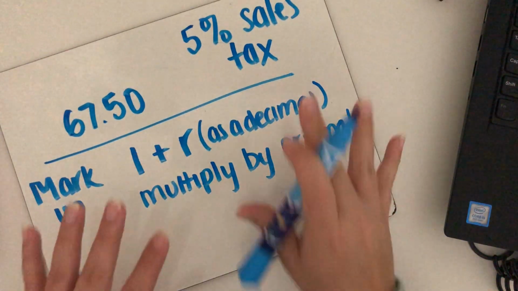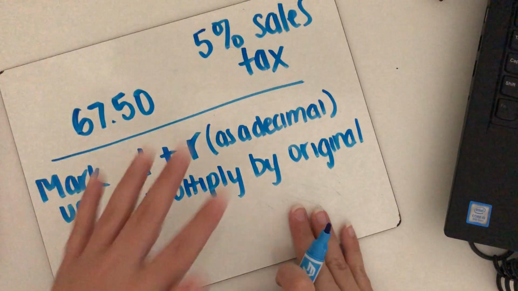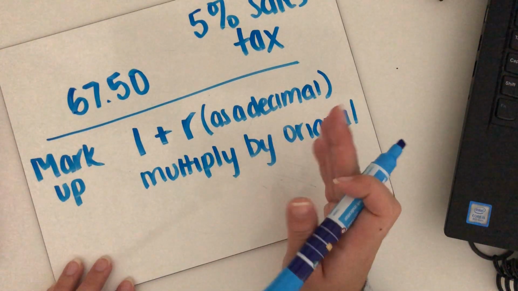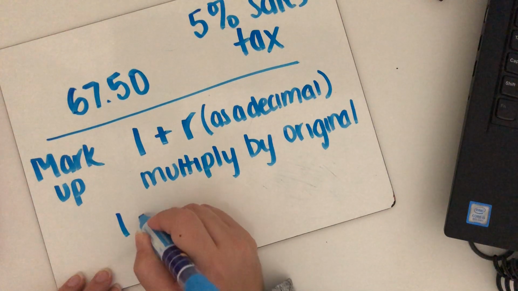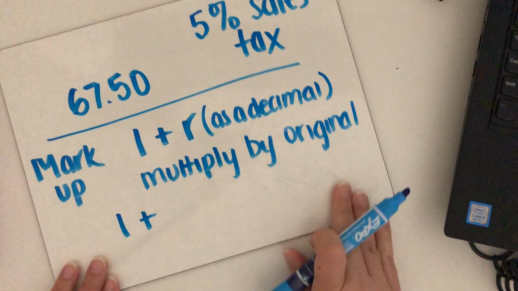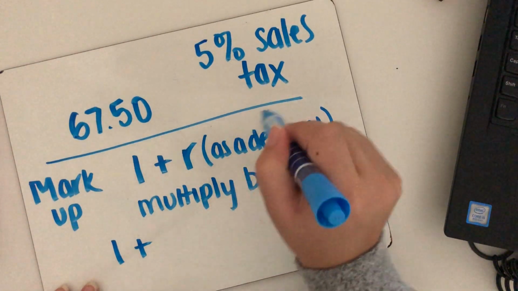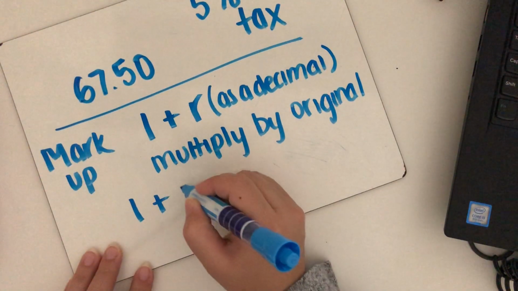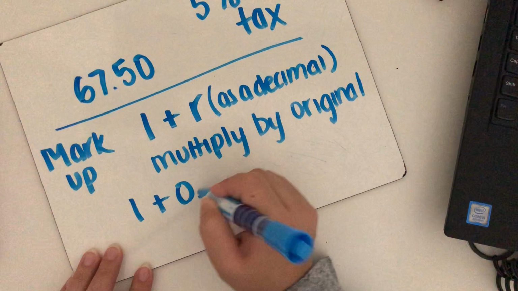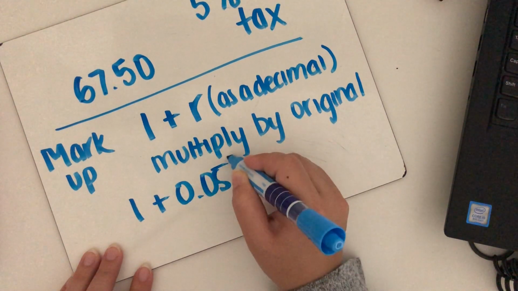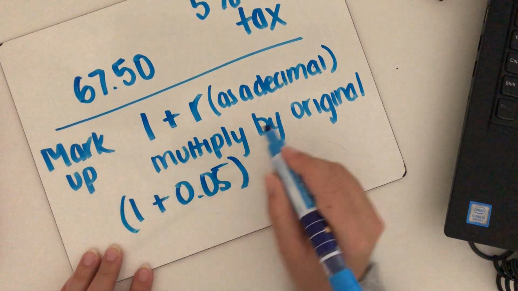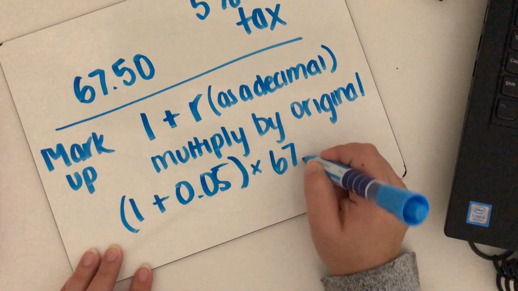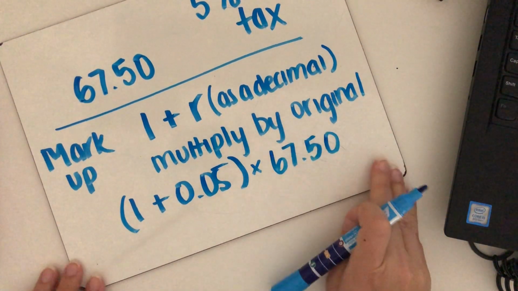Okay? Now we're going to use this formula in action for this equation right here. Again, I have 1 plus my rate as a decimal. So this 5% gets changed to a decimal of 0.05. I'm going to do 1 plus 0.05, put my parentheses, and then multiply that by the original $67.50.